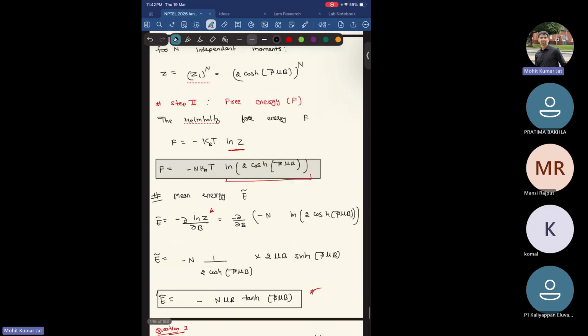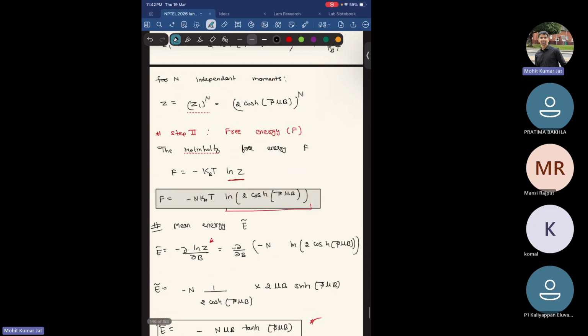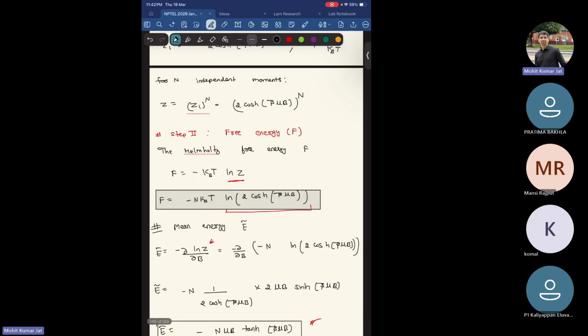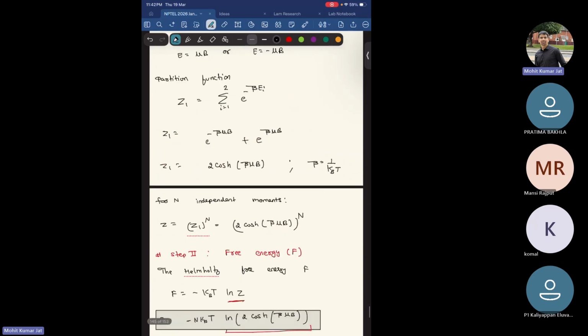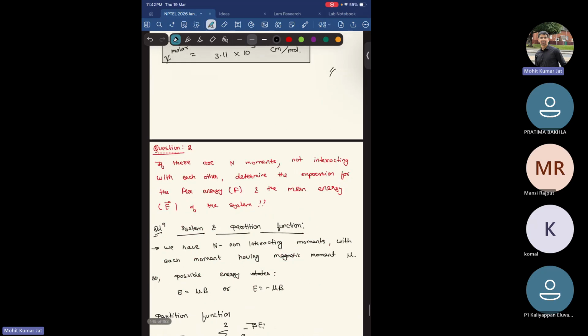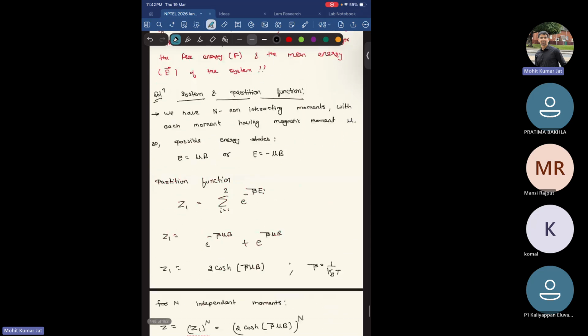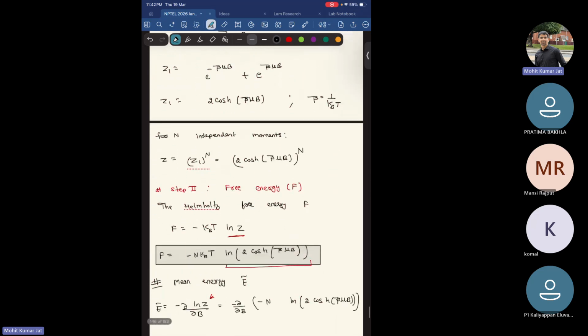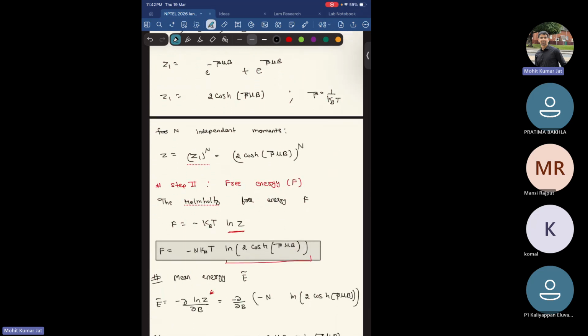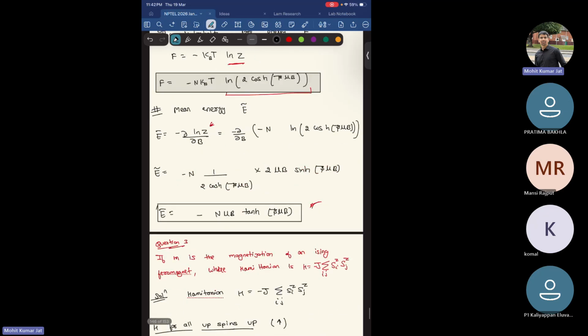And before that, the question which we dealt with was estimating the mean energy and the Helmholtz free energy. This gives us an idea of how the free energy in a system behaves as a function of the temperature, magnetic field, and this Bohr quantum number. So all those things we discussed.